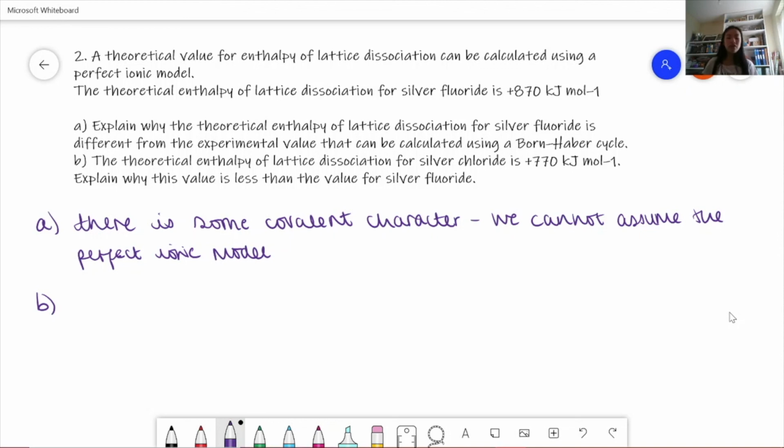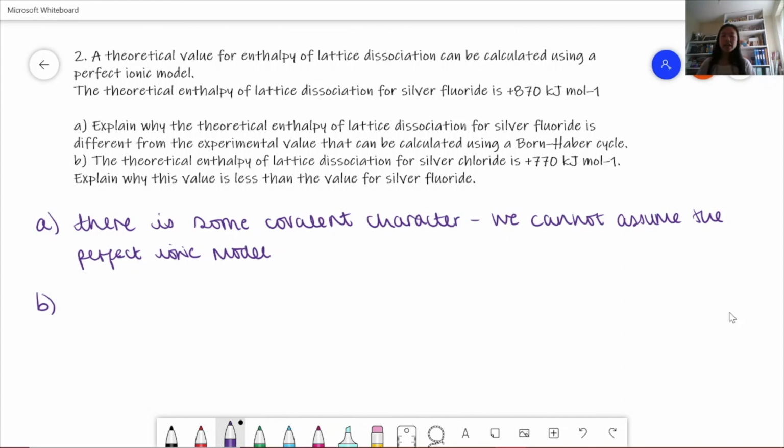And so fluorine and chlorine, they're both in group 7. However, fluorine is one above. So that means that the fluoride ion is much smaller than the chloride ion because it's got one less outer shell. And so that means that it's attracted to the silver plus ion more closely than the silver chloride ion. And so that's why the enthalpy of lattice dissociation is bigger because the ionic bonding is stronger.